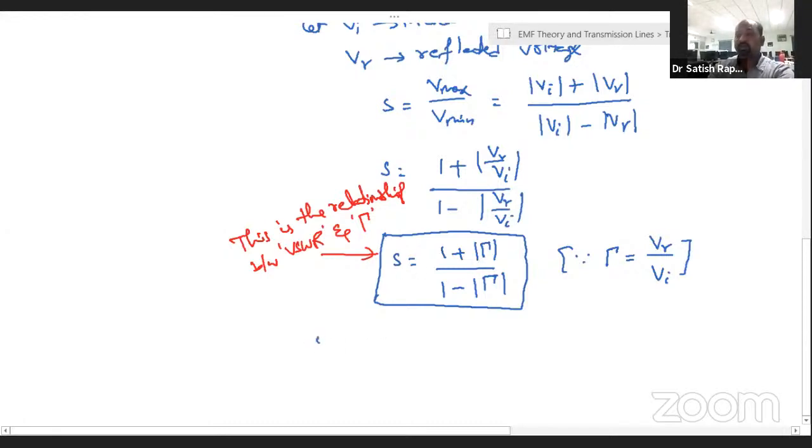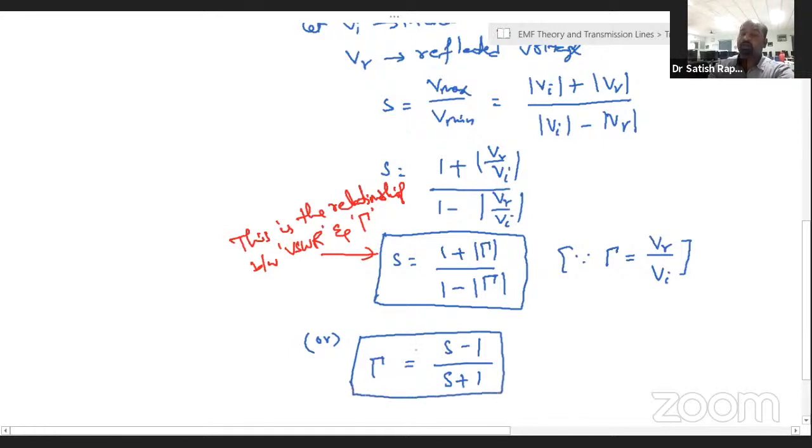In a similar way, I can express the reflection coefficient in terms of the standing wave ratio: capital gamma is S minus 1 by S plus 1. So this is the reflection coefficient as a function of the voltage standing wave ratio.